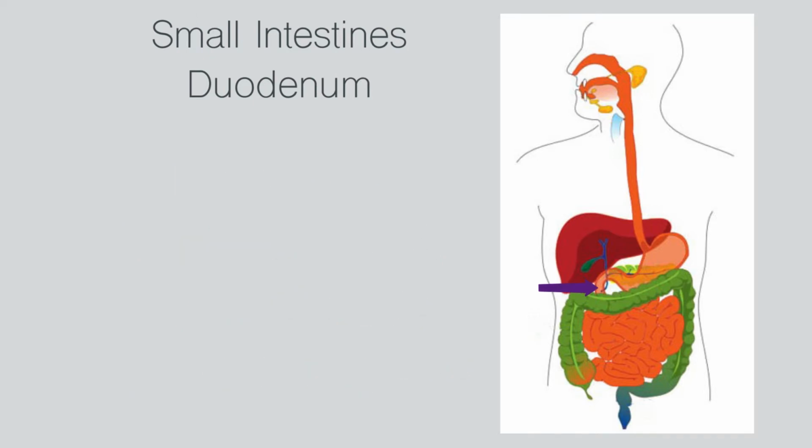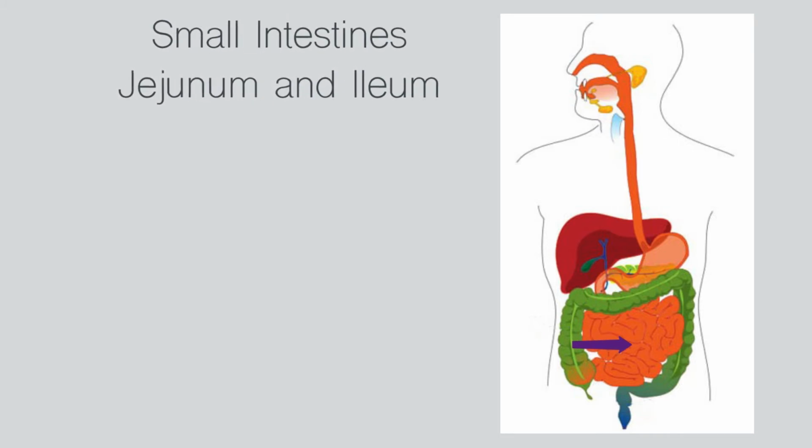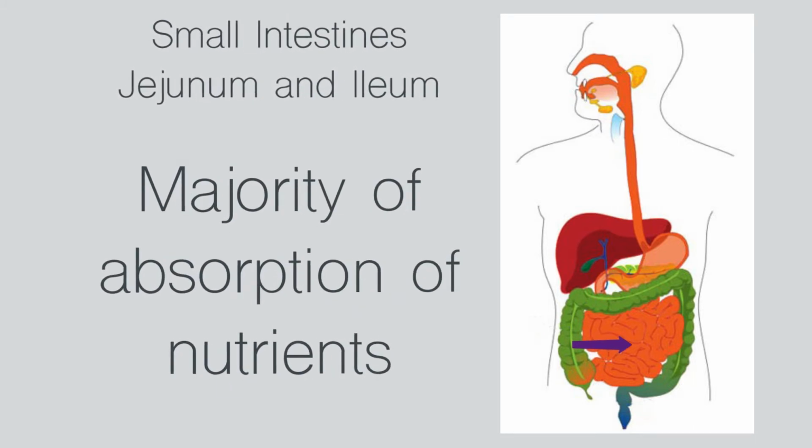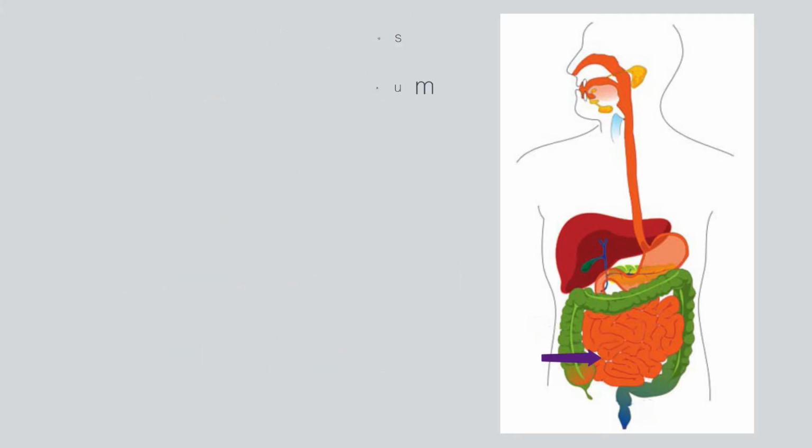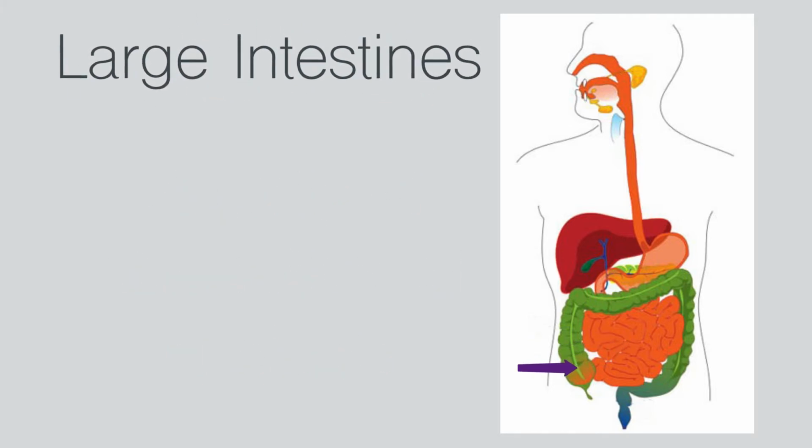As we travel down the small intestines, we arrive at the second and third sections called the jejunum and the ileum. This is where all absorption of carbohydrates, proteins, fats, water-soluble vitamins, and some minerals take place. Finally, we enter the large intestines, also referred to as the colon, which is broken into 3 sections. Each section is named for the direction the food is traveling.